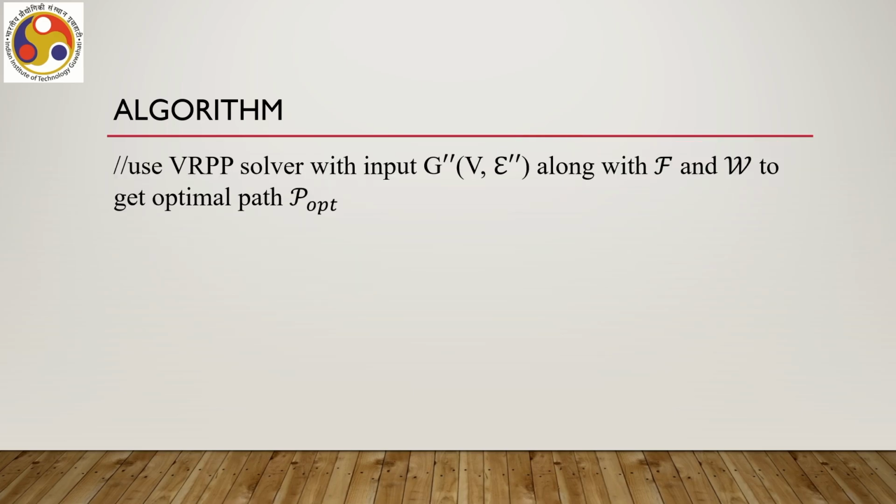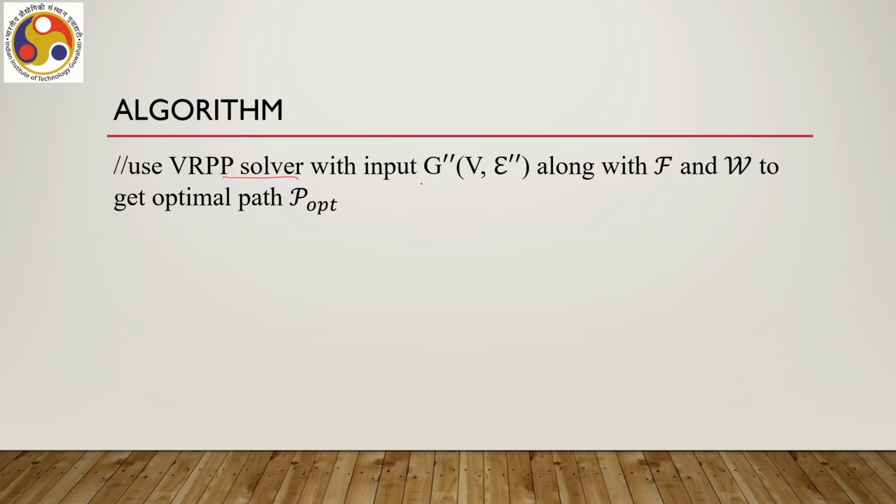Then once this is given, we have also separately specified the importance and the wait time. So, we then need to use the VRPP solver with input the final graph, that is G double dash, which contains vertices and edges, where the edges are weighted with the duration of travel between the vertices.